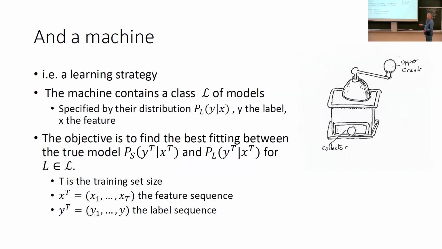When you do that, you have a machine. It's more complicated than that, but I don't understand everything. So the machine, like what was explained, contains a class of models, a set L of models.